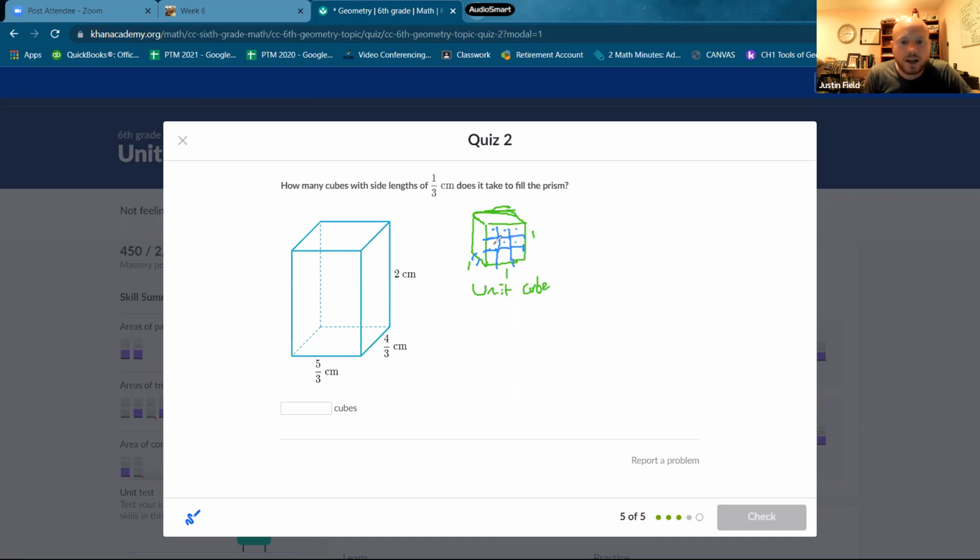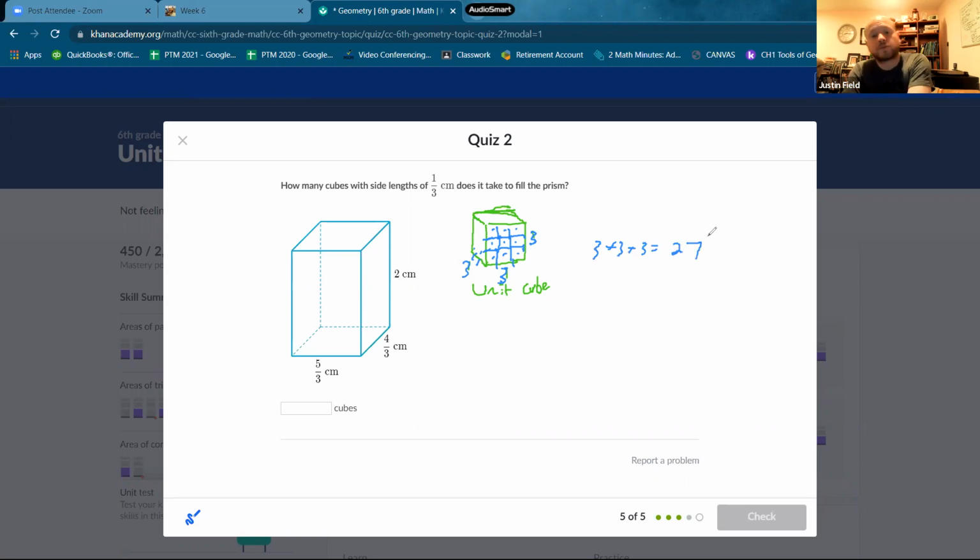So it's actually like 9 of these cubes. But then, of the little cubes, it would be 3 across, 3 back, and 3 up. So 3 times 3 times 3, or 3 cubed, is 27.